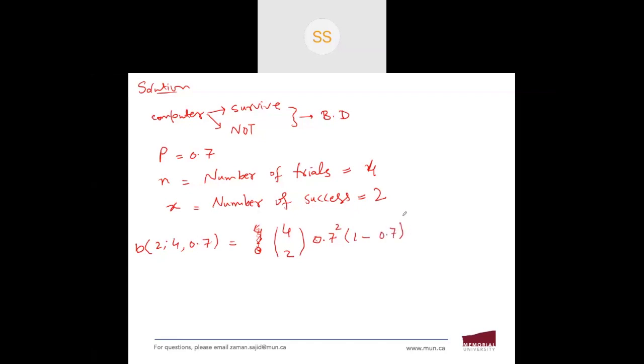That's simply the formula that I just wrote down in the previous slide. Okay. When you solve it, you will get your answer as 0.265.